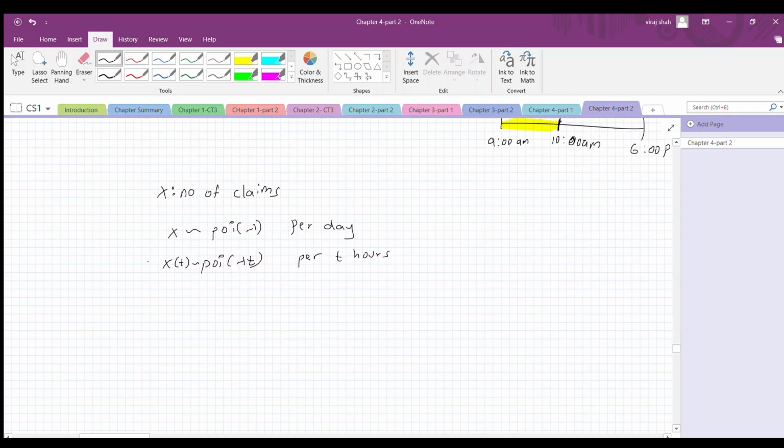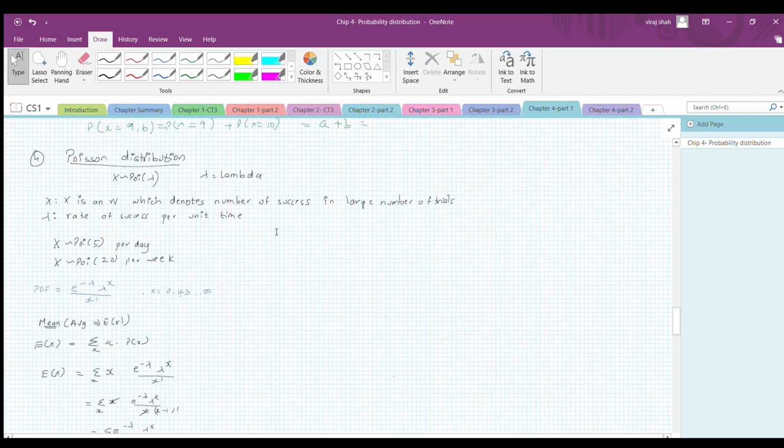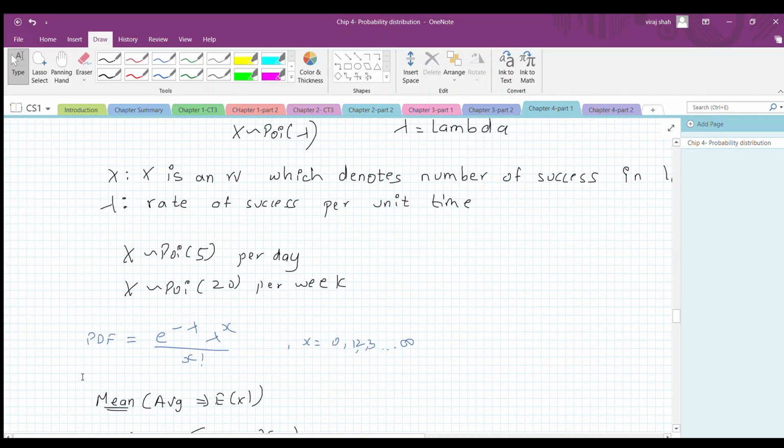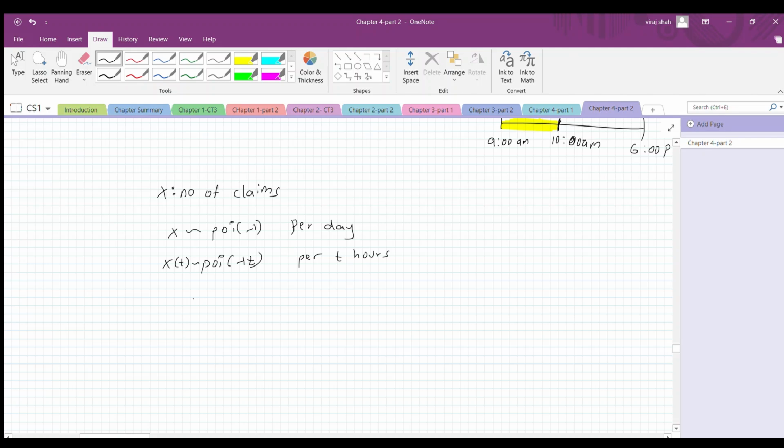So what would be its PDF? The PDF of Poisson is e raised to minus lambda, lambda raised to x upon x factorial.